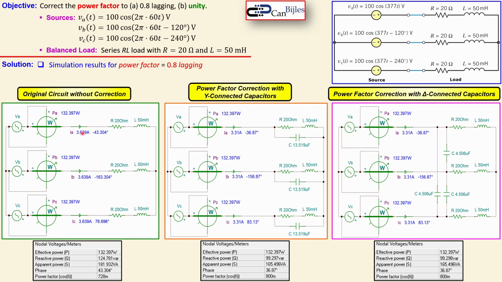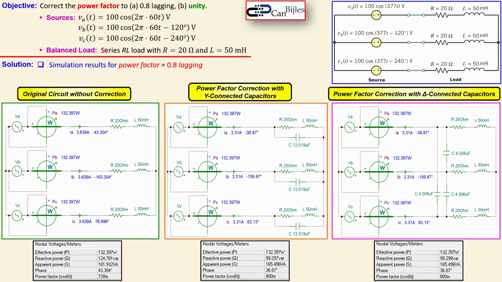What you also see here is for the first case that the phase of the source A, IA, IB, and IC are actually shown. So the phase of VA was 0, but the source current here has a phase of almost minus 43 degrees. So you see this is lagging because the source current is negative, so it is lagging the source voltage.